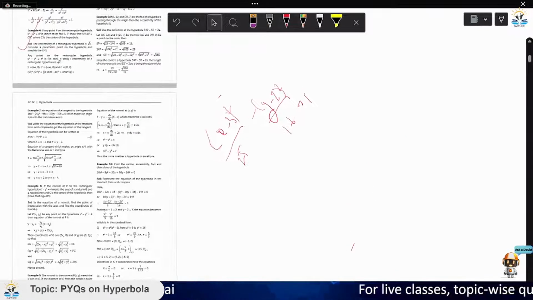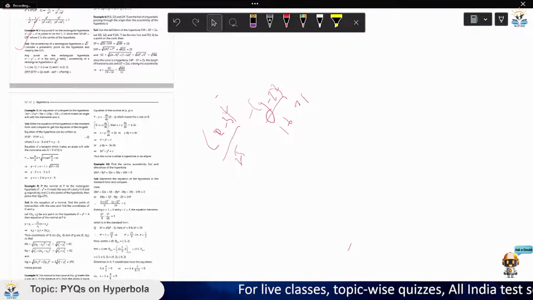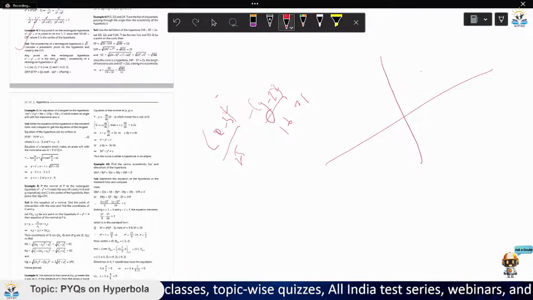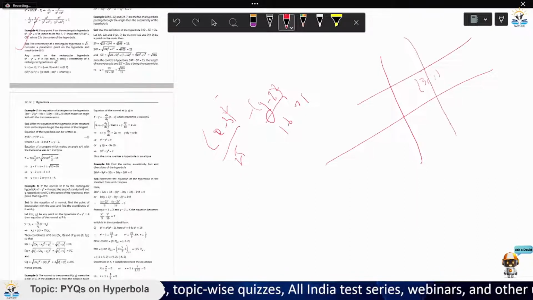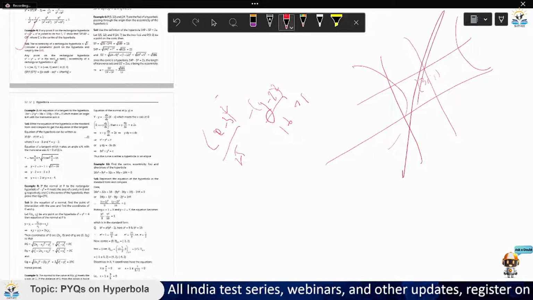I forgot the question. What was the question asking me? So I wanted the transverse axis, right? The conjugate axis is the vertical axis, and the transverse axis is the horizontal axis. So my center is 3 comma 2. This is my new axis and this is my hyperbola, and pi by 4 I have to make.